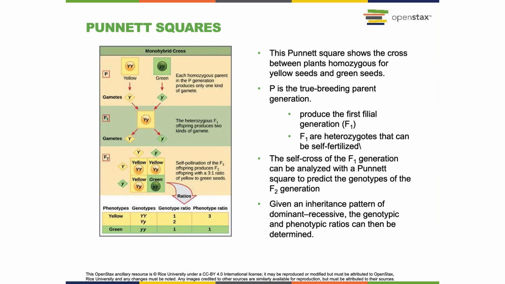Because out of 100, if there were 100 offspring from this cross, I would expect 1/4 of them, or 25%, to be homozygous recessive, and I should see the green color of the seeds. I would expect 75% of them to have the dominant phenotype of the yellow seed color, which I can see.